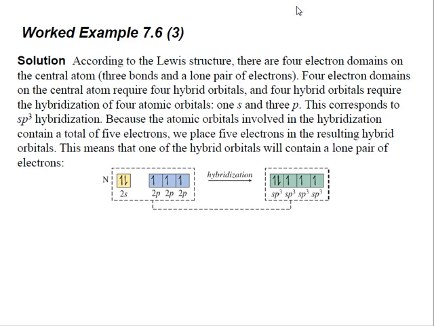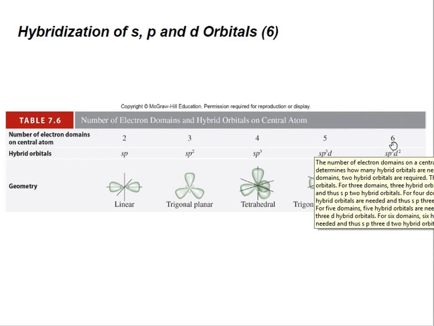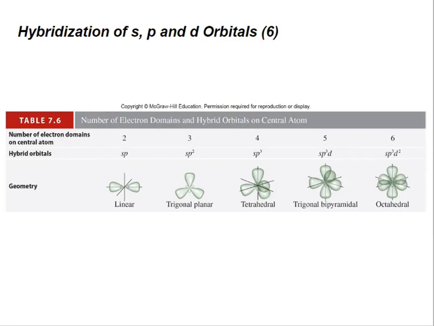I'm going to go back and show you one more time. Here we go. So we have 2, 3, 4, 5, and 6 electron groups. We had 4 on ammonia, the lone pair and the 3 hydrogens, so that would be sp3.